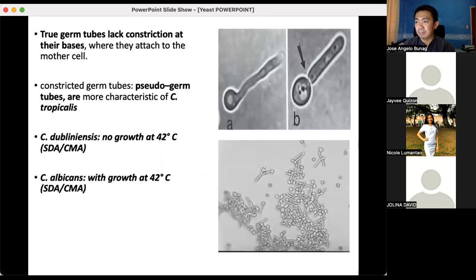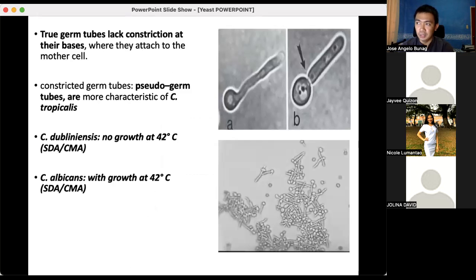Okay, so how do we perform the germ tube test? A small amount of isolated yeast colony from your SDA or CMA, we get the colony and mix it in 0.5 ml of plasma or serum. The plasma or serum can be fetal bovine serum or human serum.